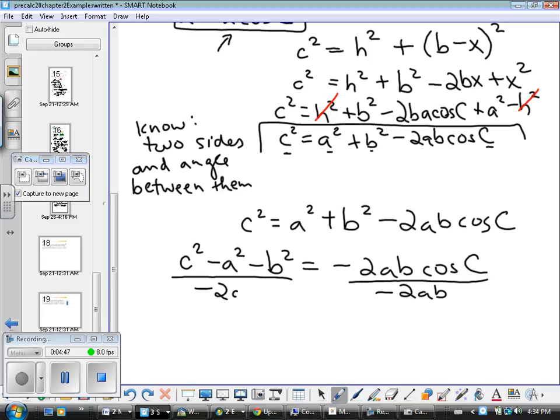You can get rid of the negative on the bottom by dividing top and bottom by negative 1. When you divide the top by negative 1, it changes the sign on everything. So instead of negative A squared, you have positive, instead of negative B squared, you have positive, and instead of positive C squared, you have negative, all over 2ab.